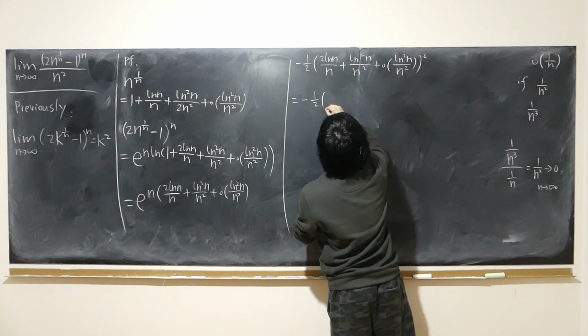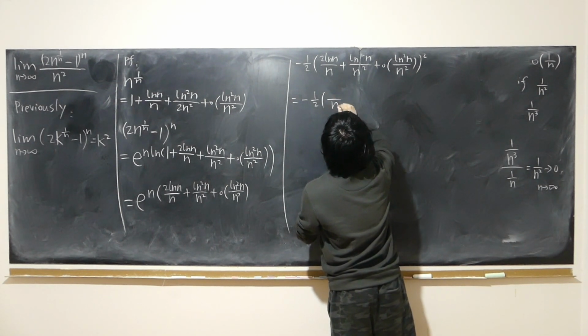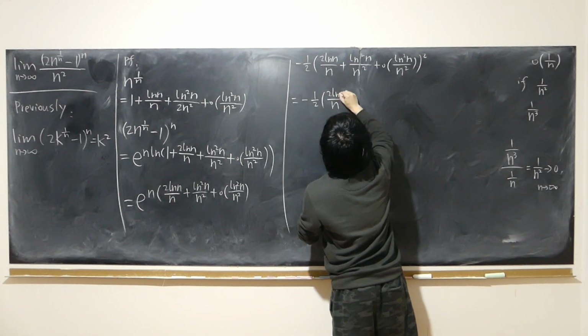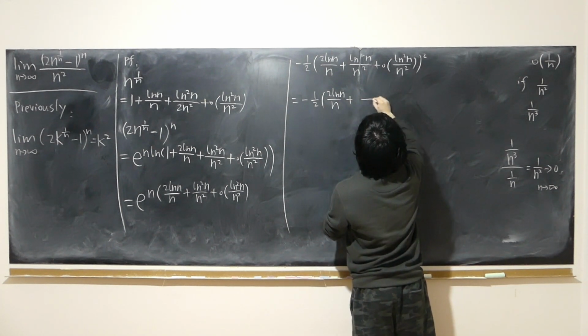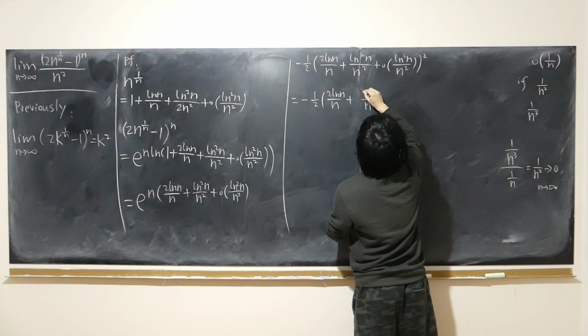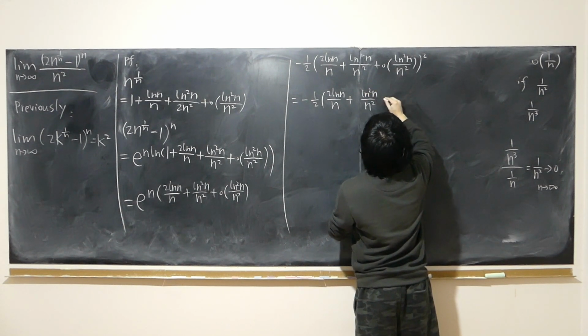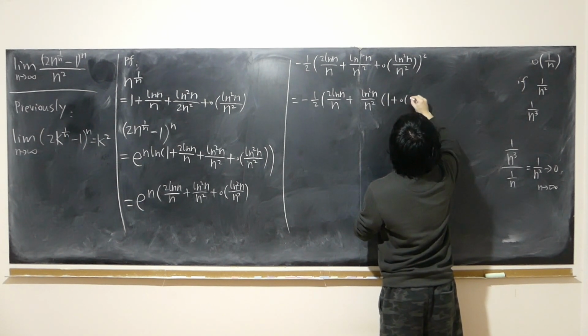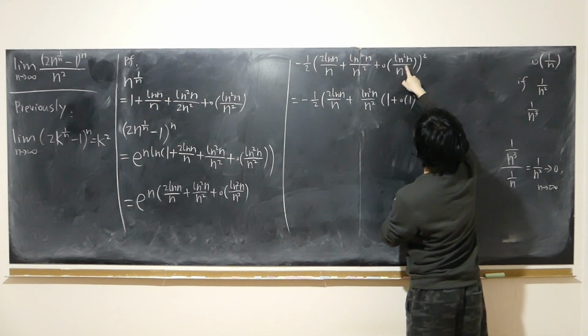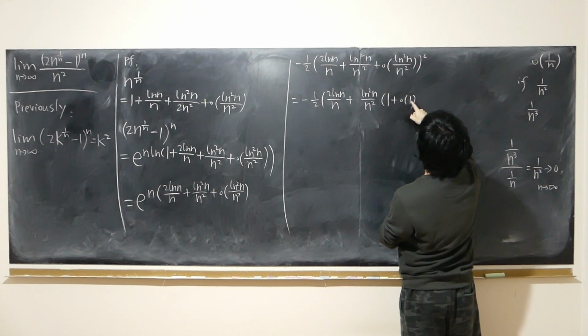I'm not going to go into details. So twice of log n. All right, factor it out. N squared log square n, right? 1 plus little o of 1. After we factor this out, we're only left with 1.